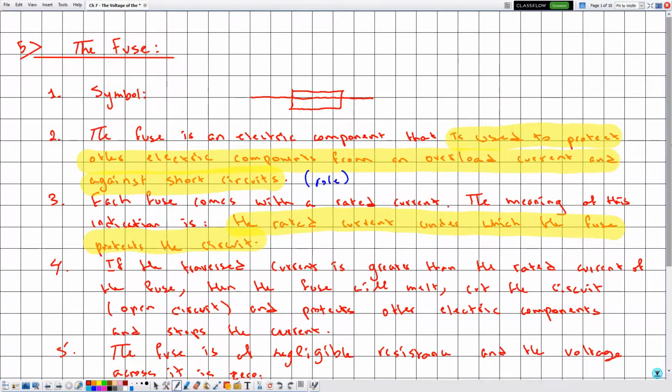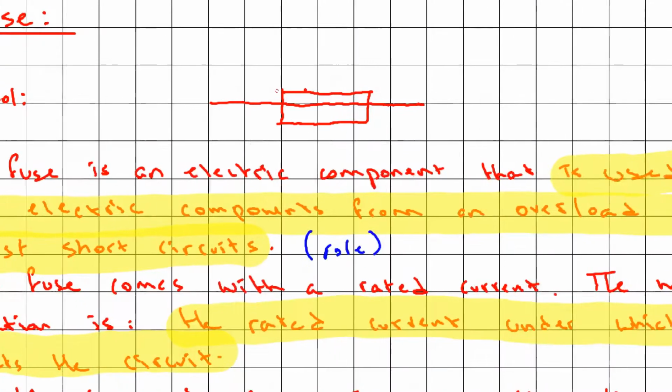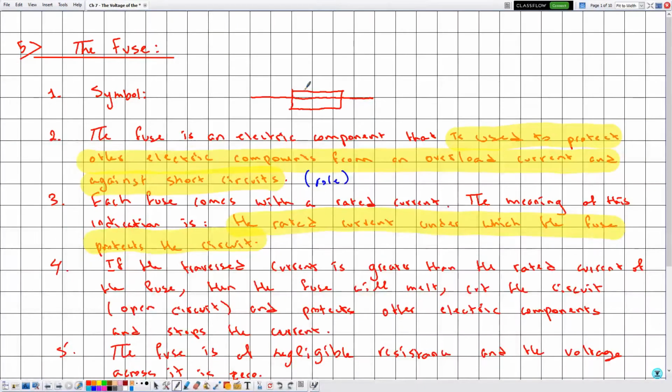Then, if we consider 2 points, say for example this is the point A and B, and you are asked about the voltage UAB, then UAB is equal to 0 because it is of negligible resistance.